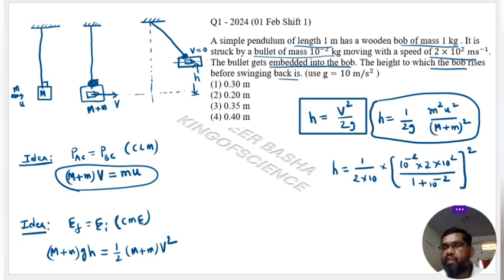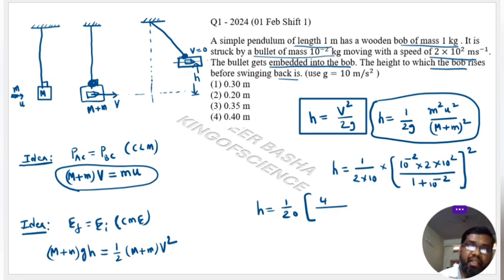The height raised comes out to be h equal to 1 by 20. In the numerator, approximately, 10 power 2 and 10 power minus 2 cancel, and 2 square is approximately 4. In the denominator it will be (1 plus 0.01) whole square, so entire thing I can take as simply around 1.